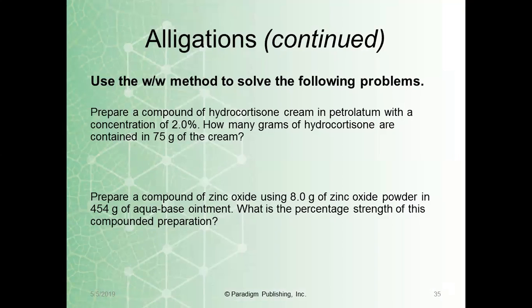So using the weight-to-weight method to solve the following problem. Prepare a compound of hydrocortisone cream and petroleum with a concentration of 2.0%, how many grams of hydrocortisone are contained in 75 grams of cream? And the answer is 1.5.